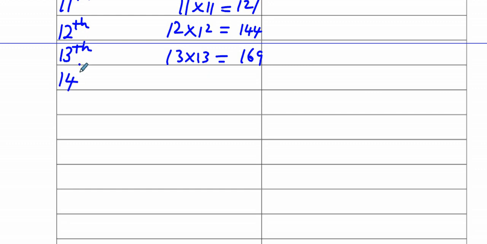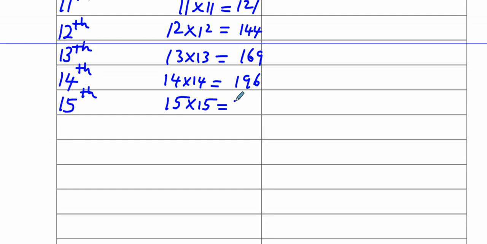Okay, go for the 14th square number. This will be equal to 14 times 14. That will give you 196. The 15th square number will basically give you 15 times 15, and that gives you 225. How about the 16th?